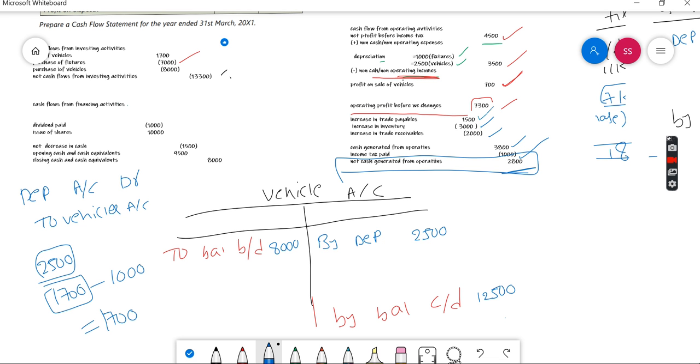700 is the profit. So we have sold it for 1,700 and the depreciation is 1,000, and the profit is 700. So when you sell a machinery or a vehicle, what is the general entry you will pass?